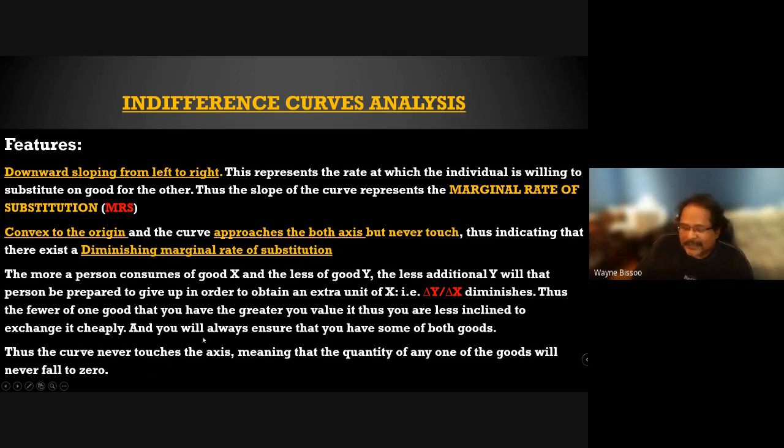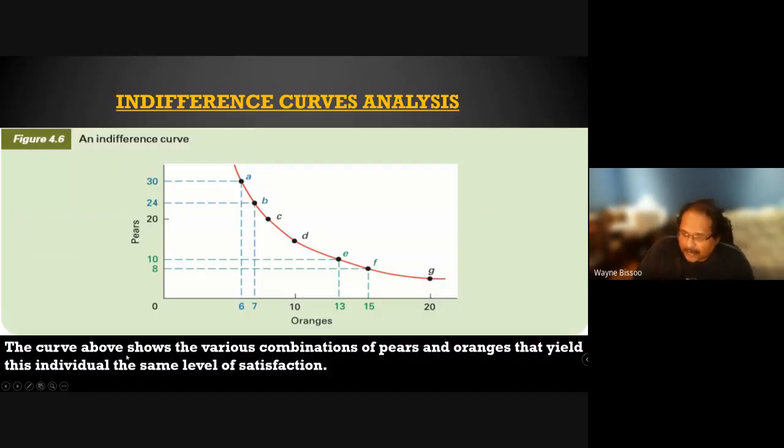Thus, you are less inclined to exchange it cheaply, and you will always ensure that you have some of both goods. Thus, the curves never touch the axis, meaning that the quantity of any one of the goods will never fall to zero. So if we go back to that diagram, you realize that the curves approach the x and y axes, but they don't touch. And that's another feature of indifference curves.